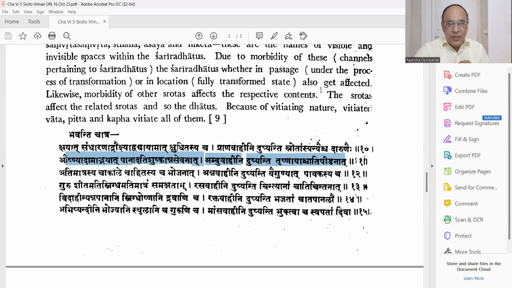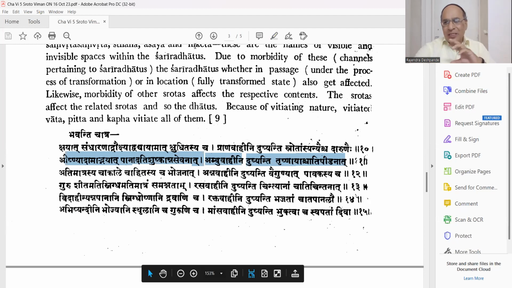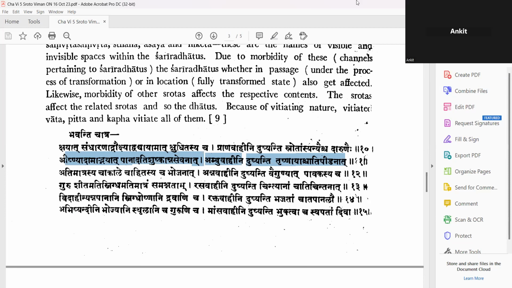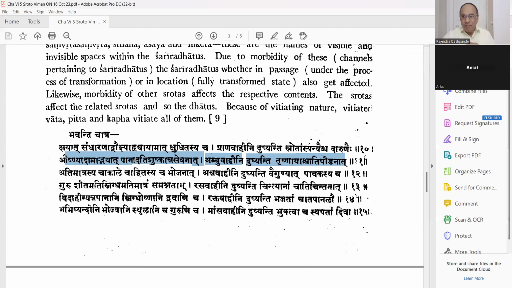What are the properties of pitta dosha? You know, pittam sasneha tikshnoshnam laghu visram saram dravam. So these are the properties of pitta dosha. If I am eating spicy, chili, pungent, sour, salty food all the time, that is pitta prakupit ahar.